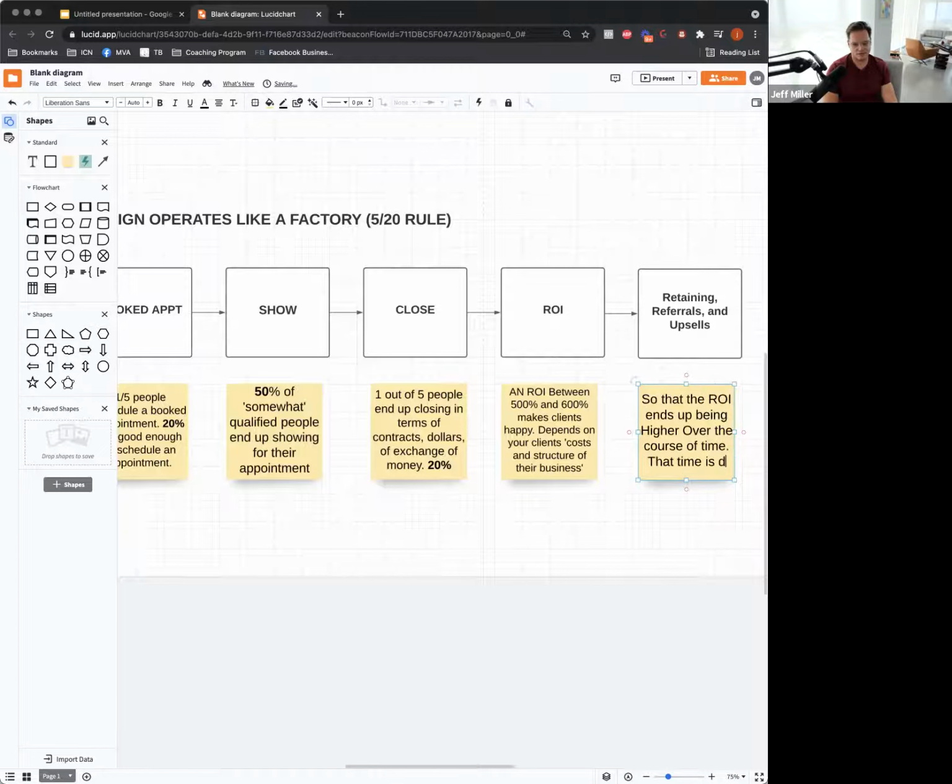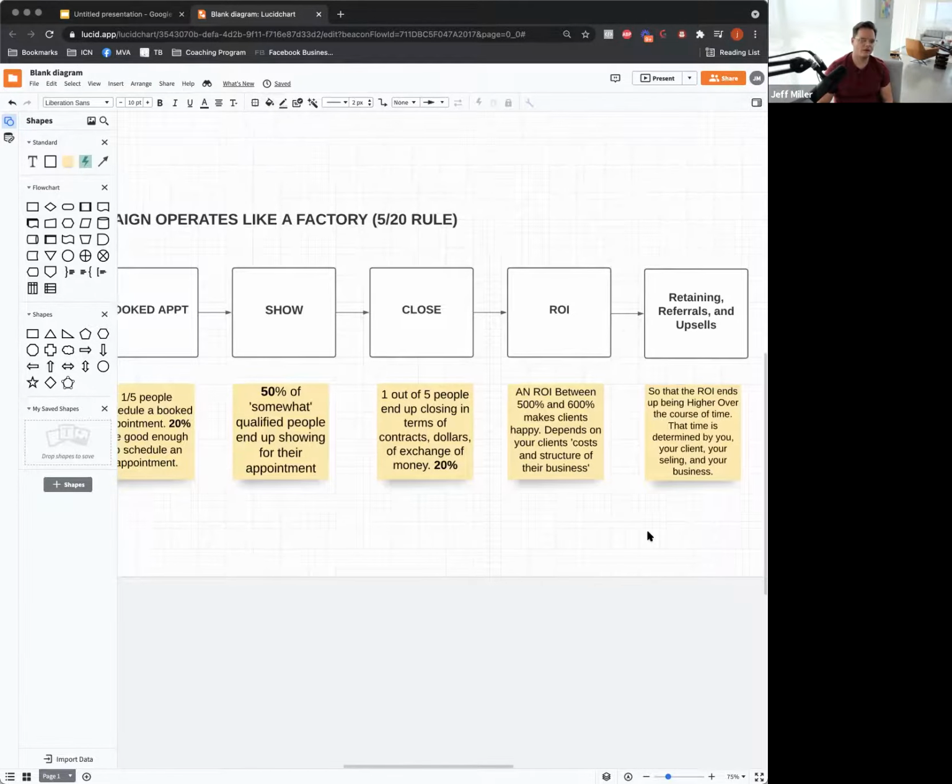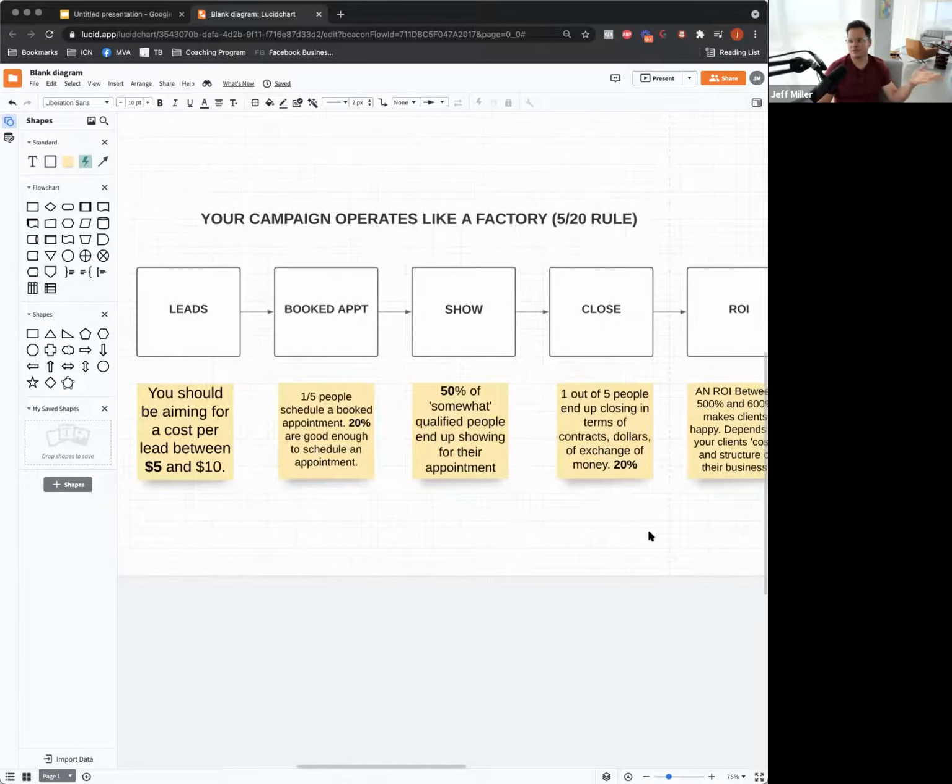That time is determined by you, your client, your selling, and your business. As an example, if we are doing this process for a car dealer that's selling $50,000 cars, their turnaround time or time for a sale could be 60 days.